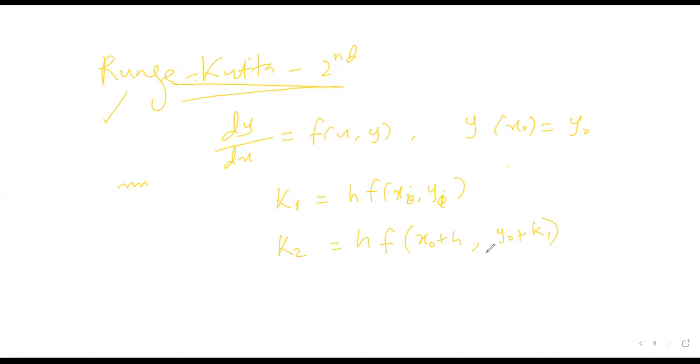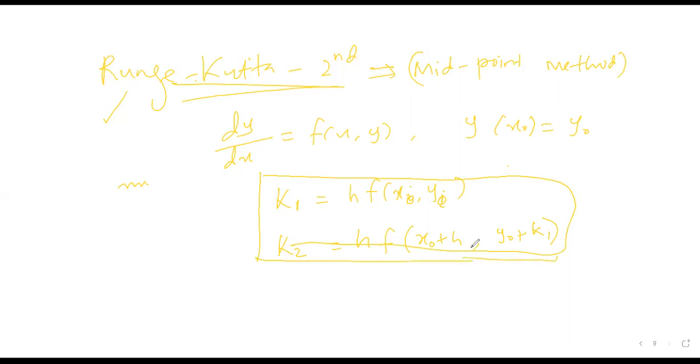I think in your notes I also put K, please change this to K1, okay? So this is Runge-Kutta second order, also called the midpoint method, okay? I hope you may have heard this word somewhere. So this is what you have to keep in mind. What is K1, what is K2?